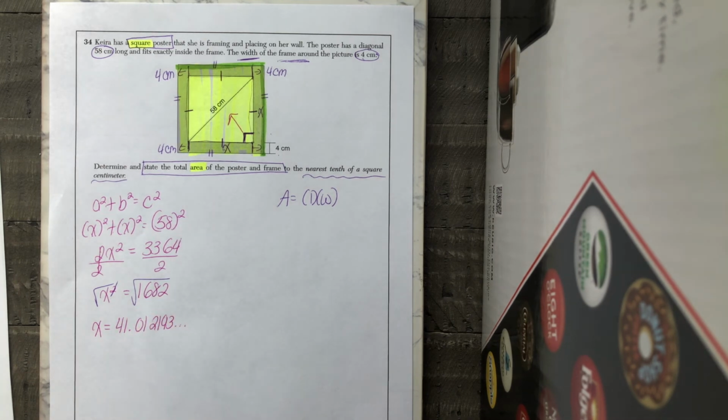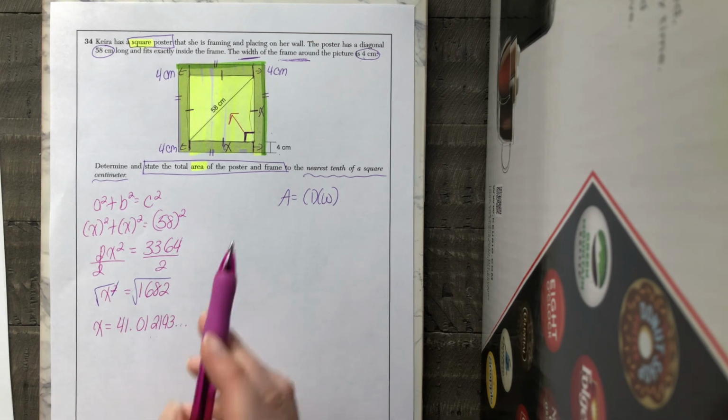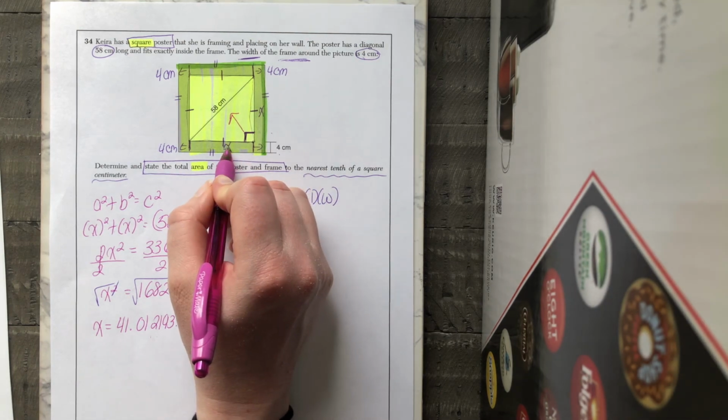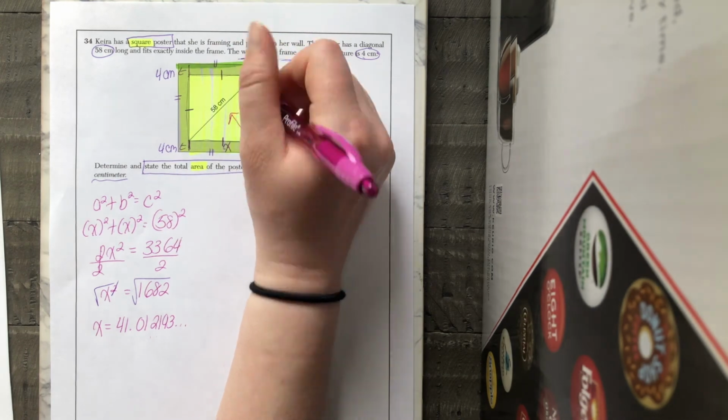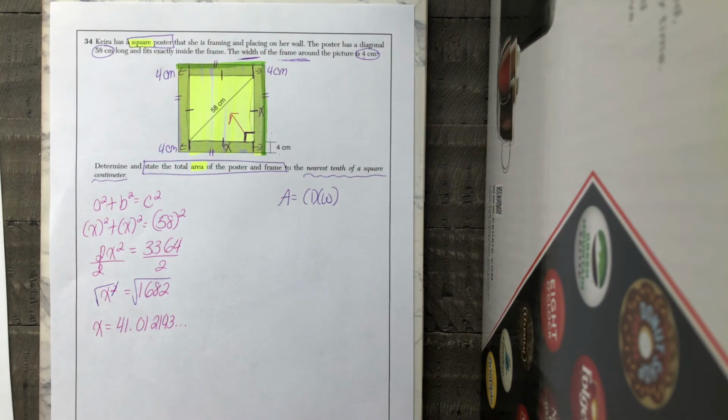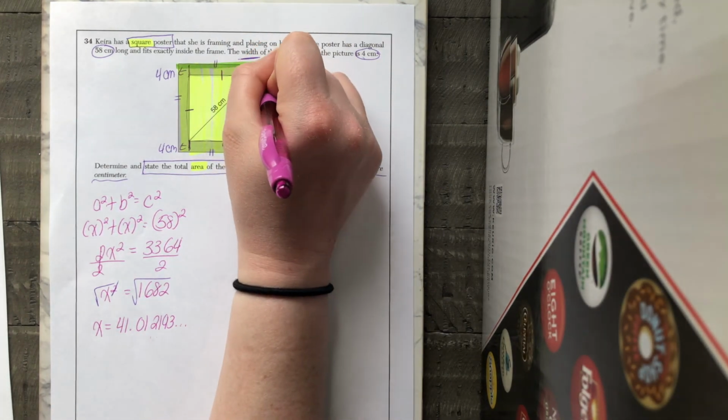41.012193... If you guys remember from when you were in school, which feels like forever ago, we had taught you that if this is not the final answer, you cannot round. You are not rounding, you are using the entire decimal. Okay, so now I know that this length at the bottom is that 41.01 blah, blah, blah. And I know this length on the side is that 41.01 blah, blah, blah. So I'm going to go ahead and add that to my picture.